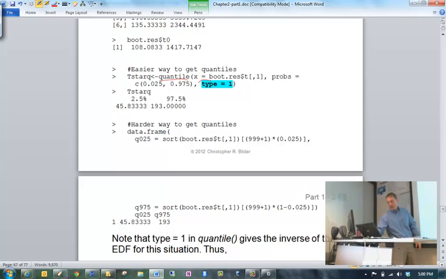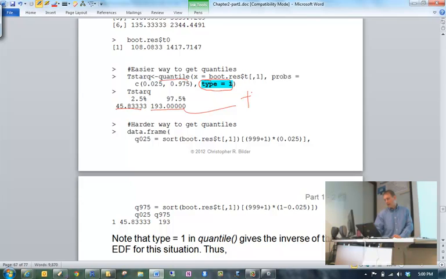And as a reminder here, I believe we talked about this before, I say type equal 1, so I get the quantile calculation to match what the book defines as a quantile. So I get 45.83 and 193.